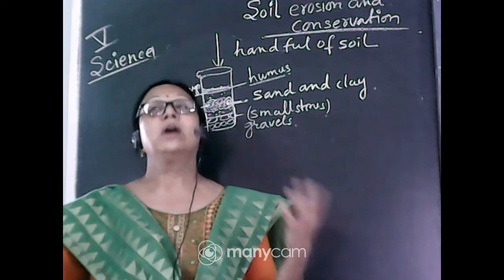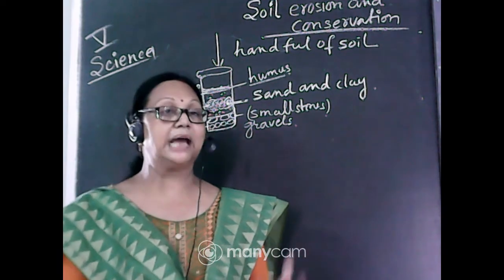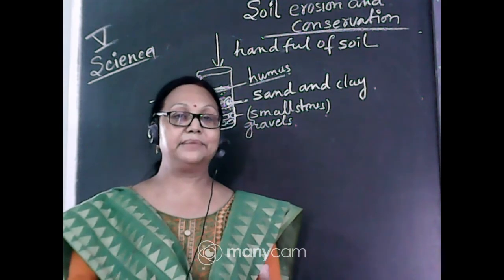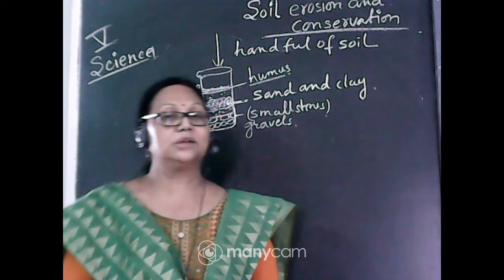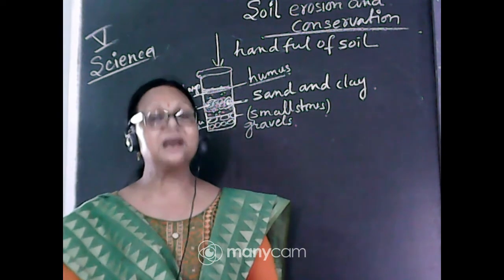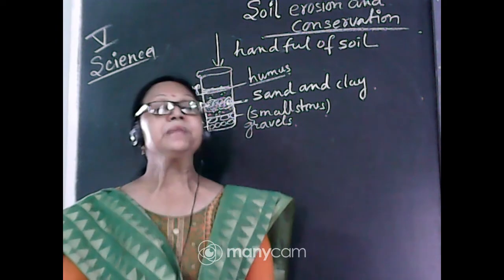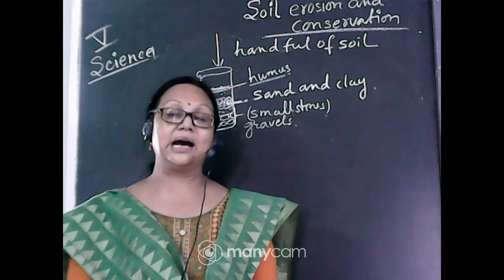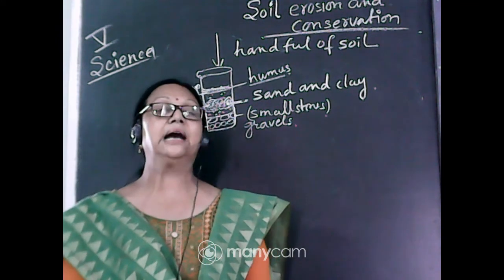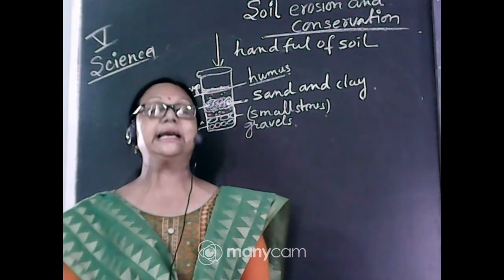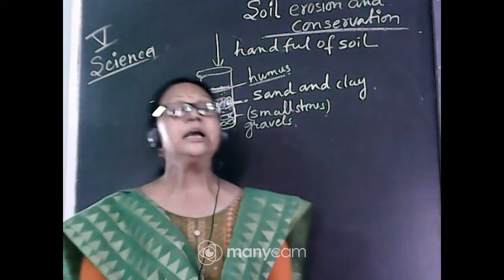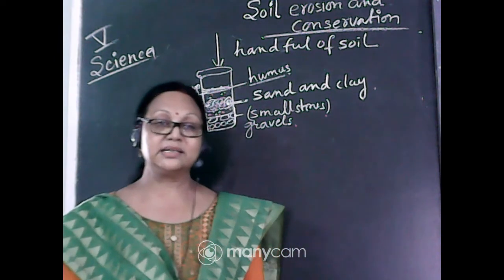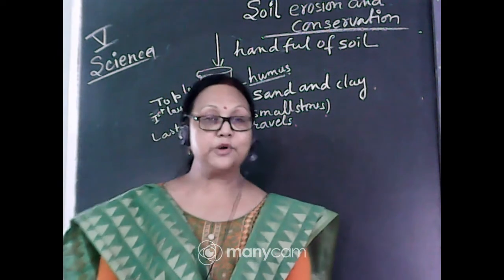Whatever water comes into the soil is collected and stored in this layer, called the aquifer layer, or the third layer of the soil, where the water accumulates, and it is used when we dig a well or take out a source of water from the soil. So this is a very pure form of water, and the soil provides us the purest form of water.